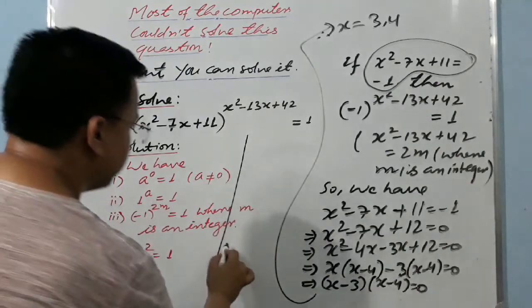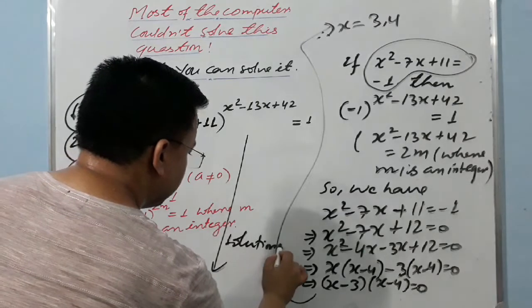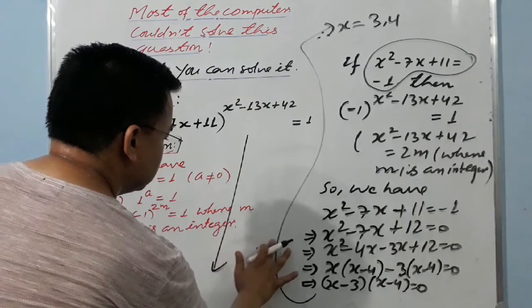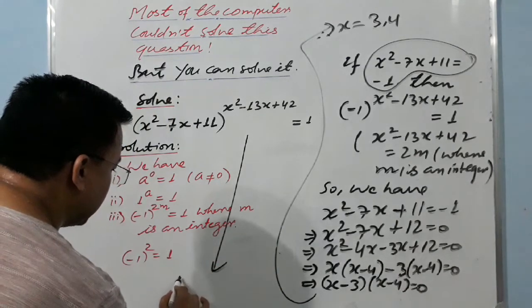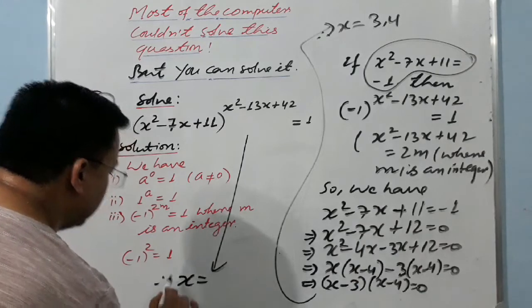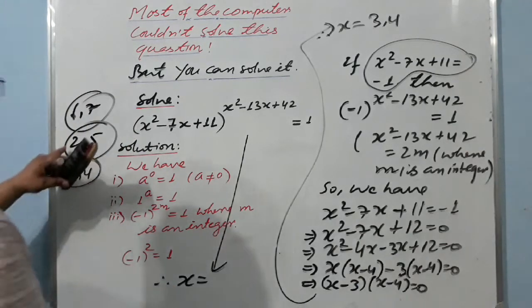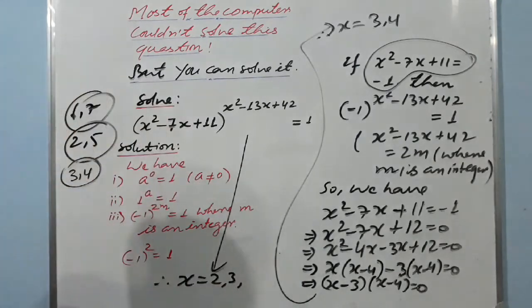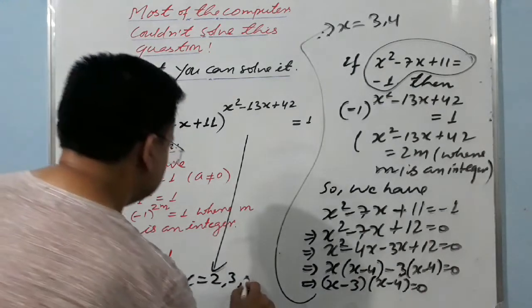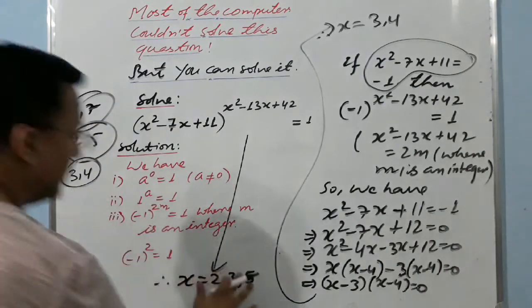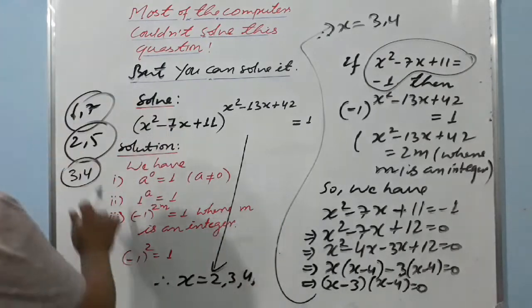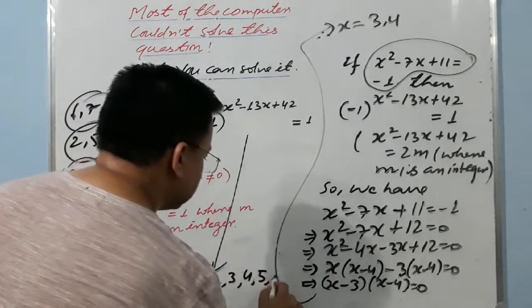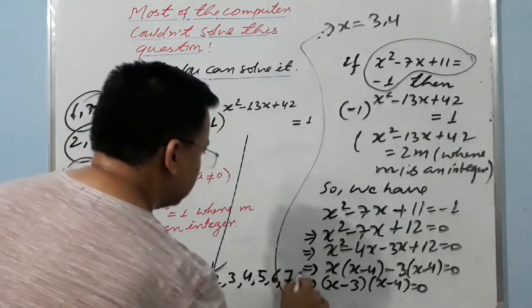So for this, x is equal to 2, 3, 4, 5, 6 and 7.